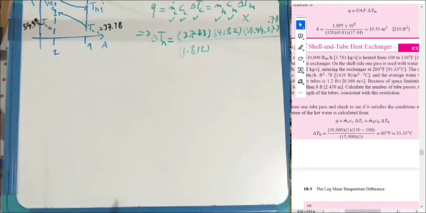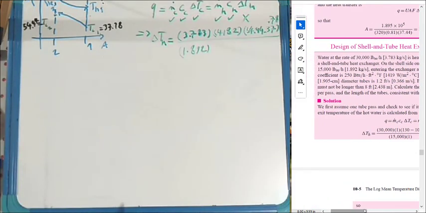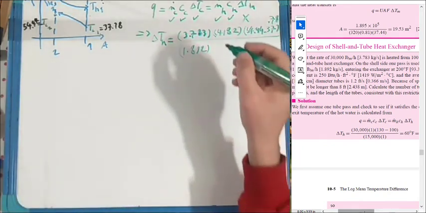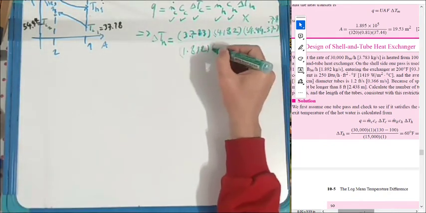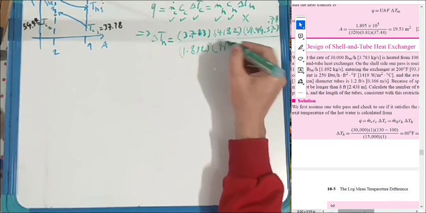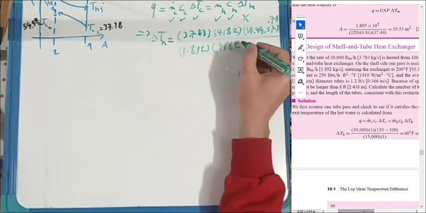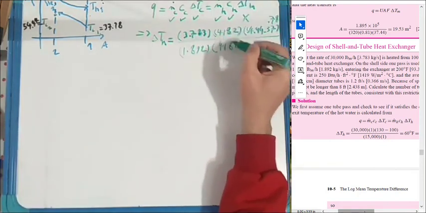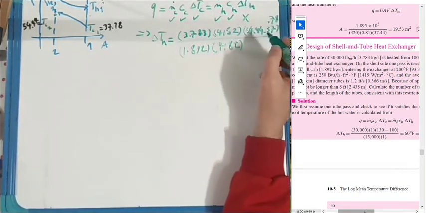Here you can see these parameters exactly in this example. Again 4182 for heat capacity, because we can assume these two are the same.